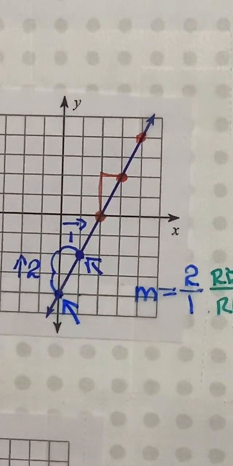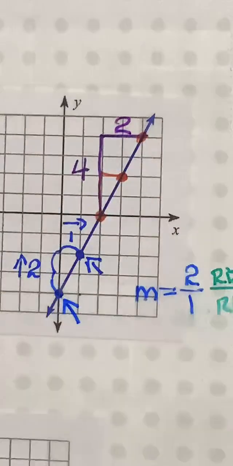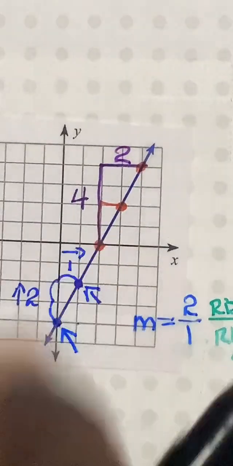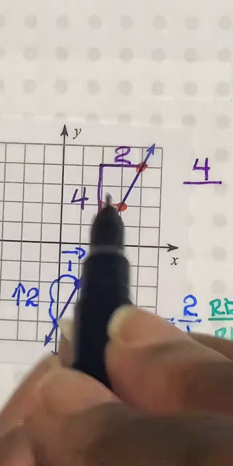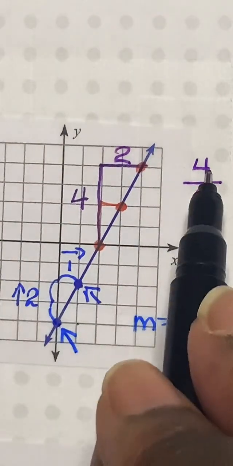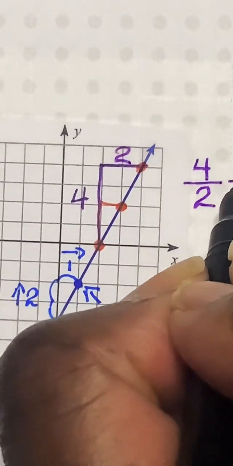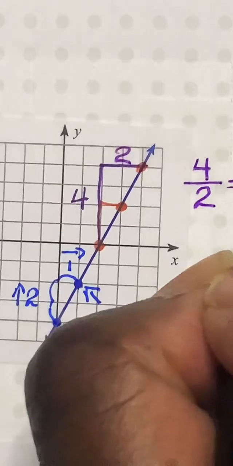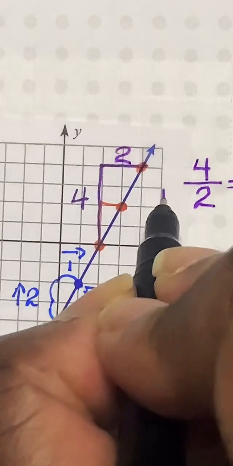Or I can find the slope using these 2 points. 1, 2, 3, 4 over 1, 2. My rise was 4 and my run was 2. 4 divided by 2, or simplified, will give me 2.